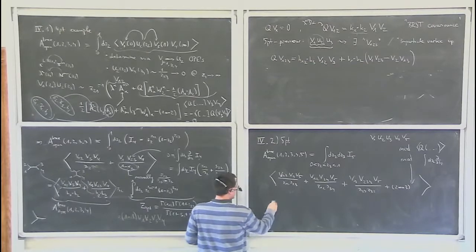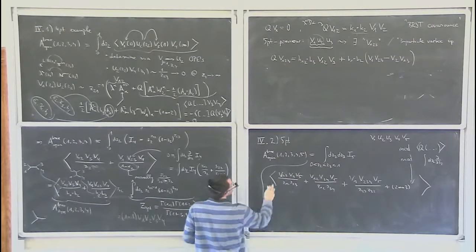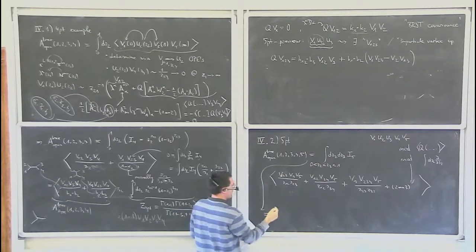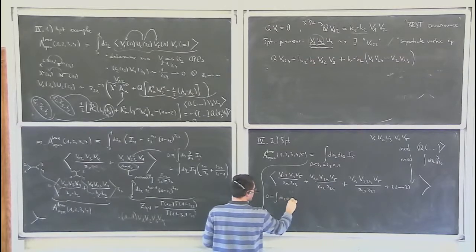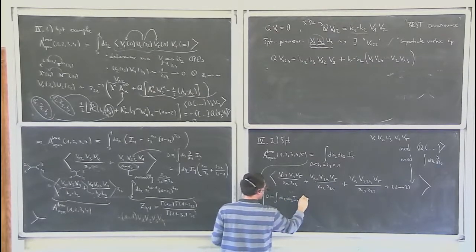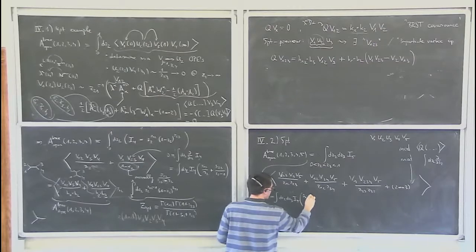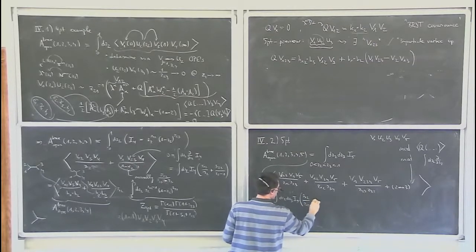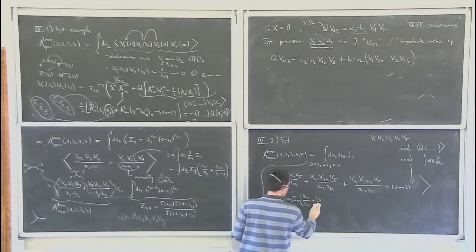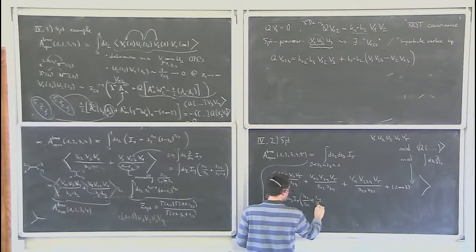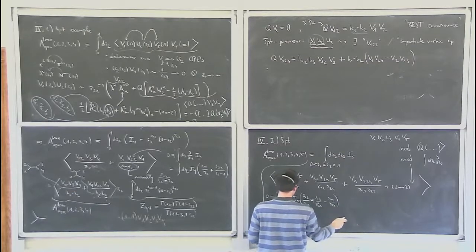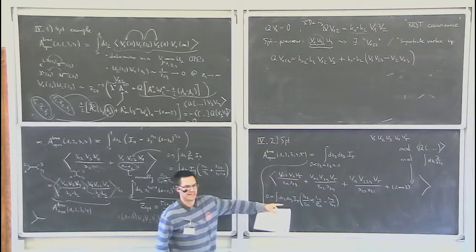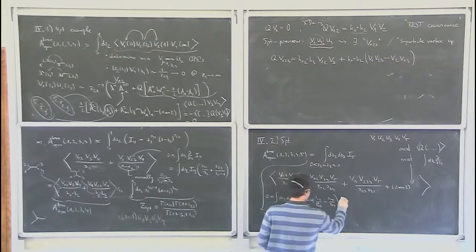And then, to get to the last line, which is consistent with the overall claim, we do a little bit of integral reduction. We throw away things like that because they are total derivatives.